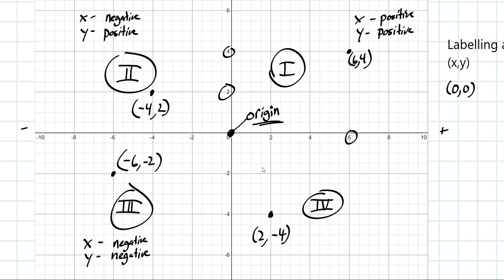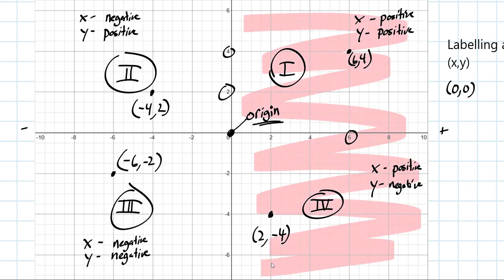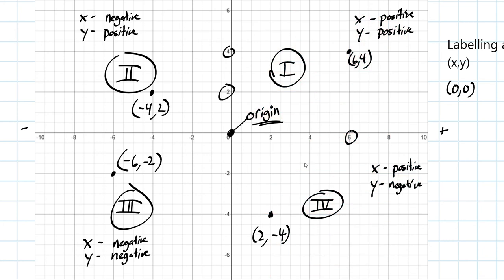Anywhere in this quadrant, we'll be going to the right, which means our x values are positive, and we'll be going down, so our y values are negative.